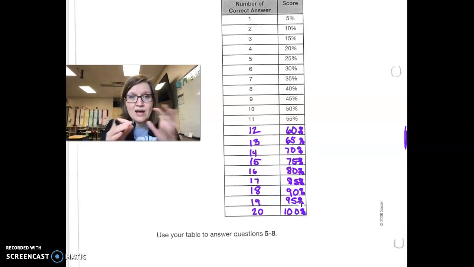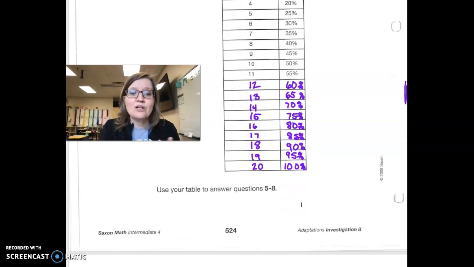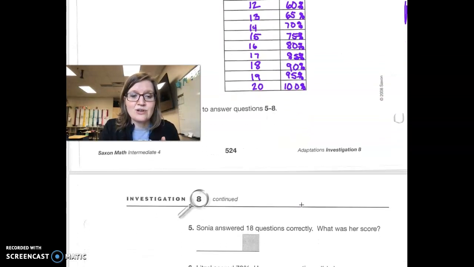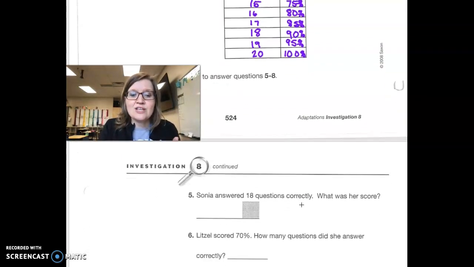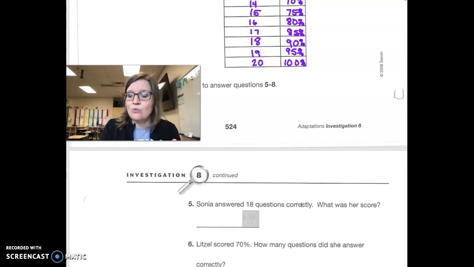So now that we have that all mapped out, questions 5 through 8 should be pretty straightforward. Sonia answers 18 questions correctly. What was her score? I'm looking over here. If she answers 18 correctly, her score is going to be 90%. Liesel scored 70%.